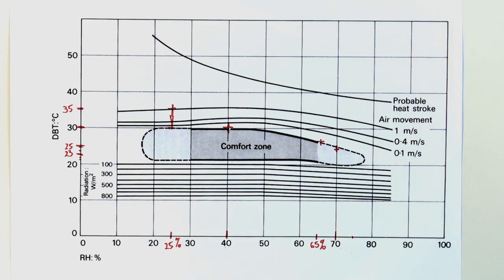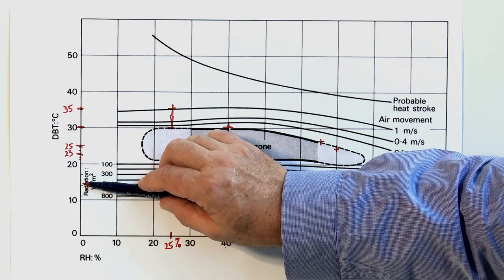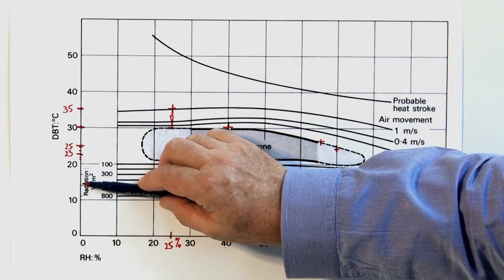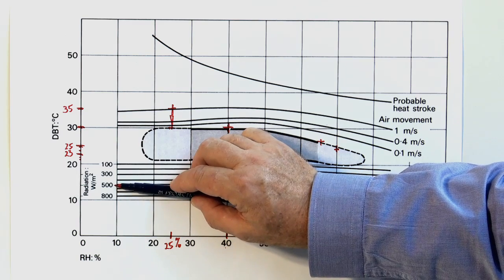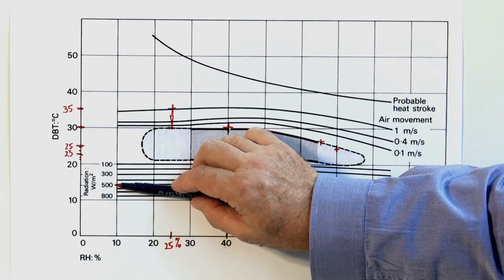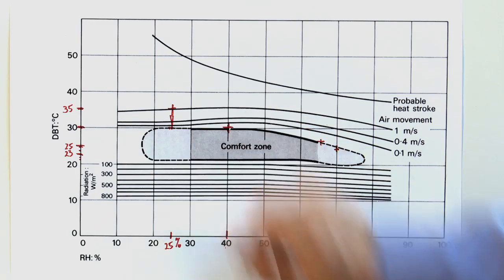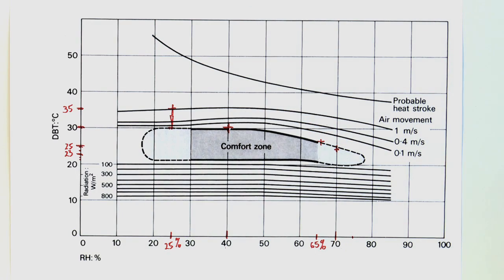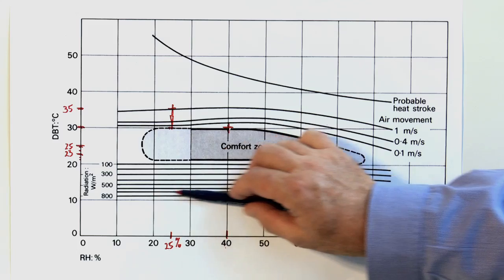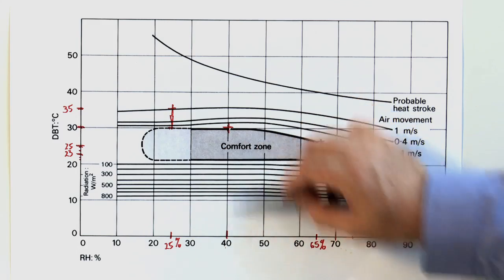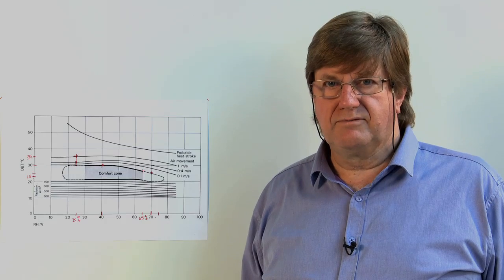So let's say if the dry bulb temperature is 15 degrees, we would need to introduce 500 watts per square metre in order to pull the temperature up to something close to the comfort zone. 800 watts per square metre would pull it up into the comfort zone. A very valuable device to use in building design.